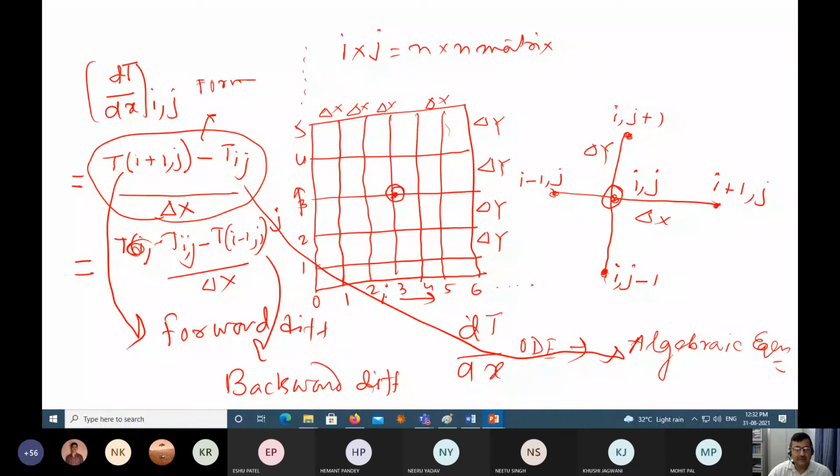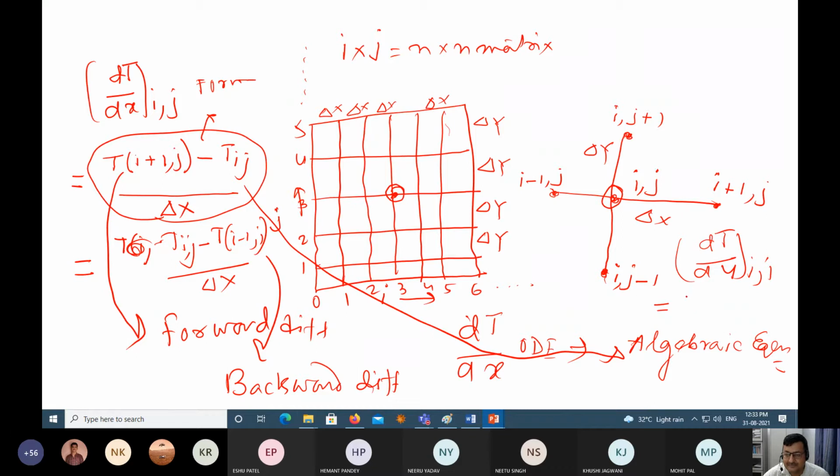Similarly, what will be my dT by dy? Suppose I want to know dT by dy at i, j. With the backward difference, forward difference relation, what will be my dT by dy at i, j? Can anybody prompt me?